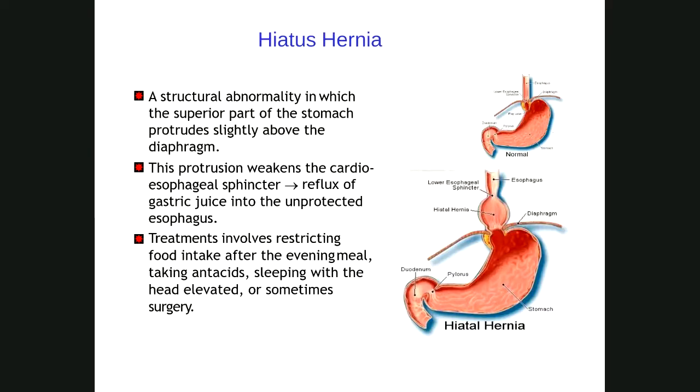Another problem is the hernia. Hernia, we know it in Arabic as the fatq. It happens in many parts of the body, sometimes through an incision of a surgery whereby a bulge of tissue passes through some defect. Here also, there is a certain weakness of the diaphragm.